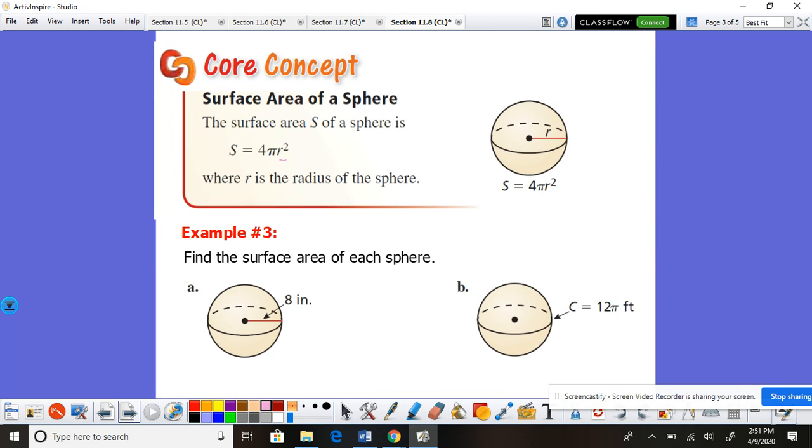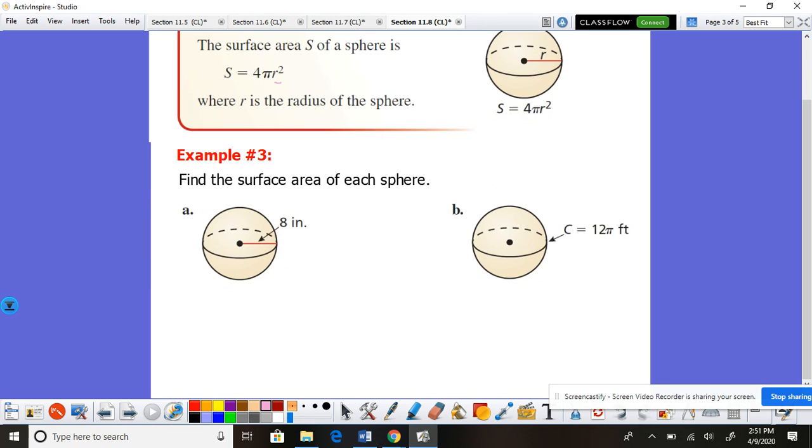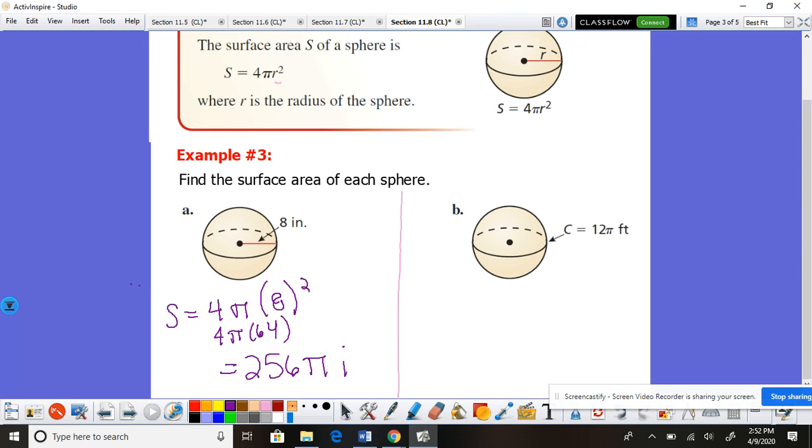To find the surface area of each one, let me go down a little so I have room to work. The surface area here is 4 pi times my radius, 8, squared. Remember, all I square is the 8. So this is just 4 times pi times 64, which is 256 pi, and that is inches squared.